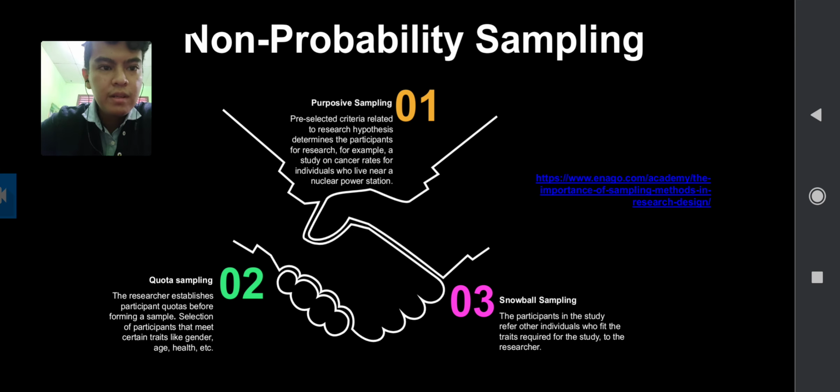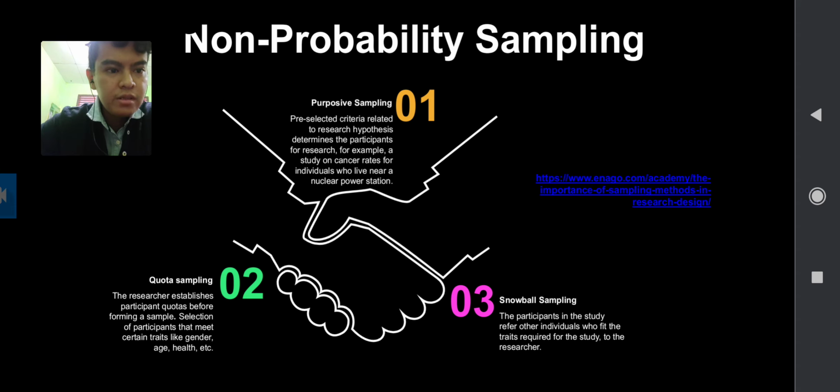For example, a study on cancer rates for individuals who live near a nuclear power station. The second is quota sampling. The researcher establishes participant quotas before forming a sample, selecting participants that meet certain traits like gender, age, health, etc.